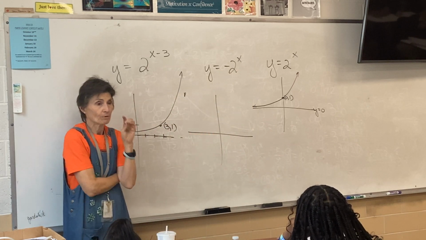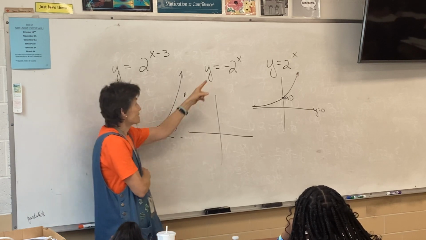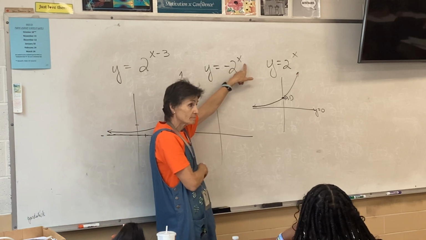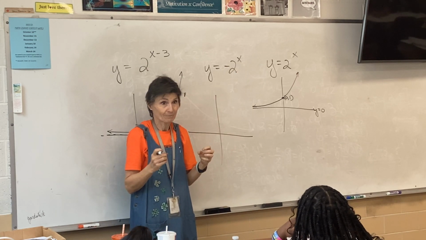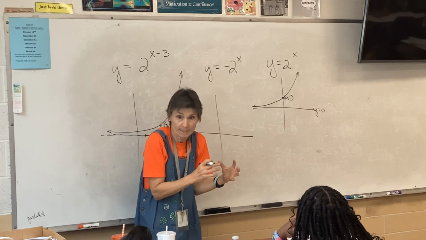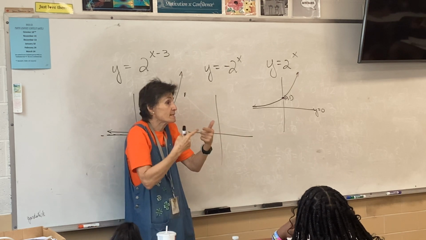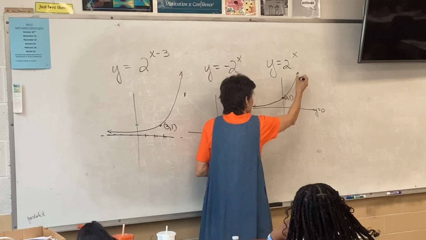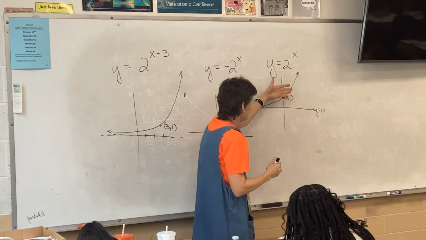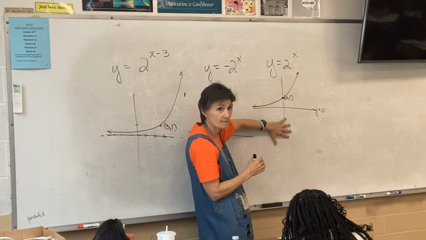This is different than the one I just erased, because on the one I just erased, the x was negative. Now the function is negative. We put a negative out in front. What happens when you do that? It turns it upside down. So instead of having a curve up here, it's going to take it and reflect it across the x-axis.